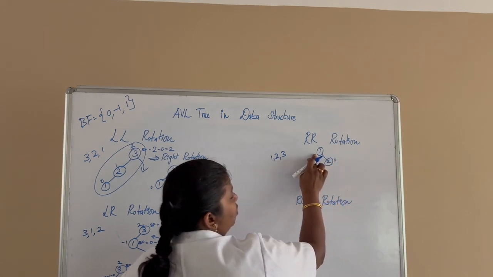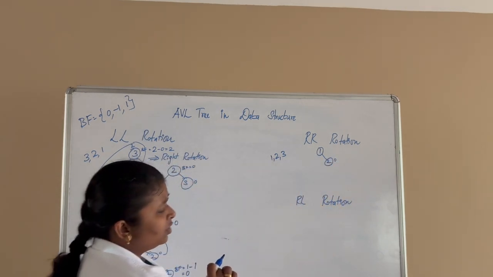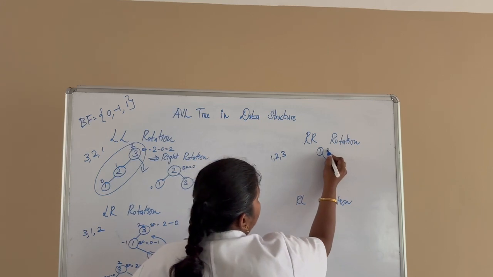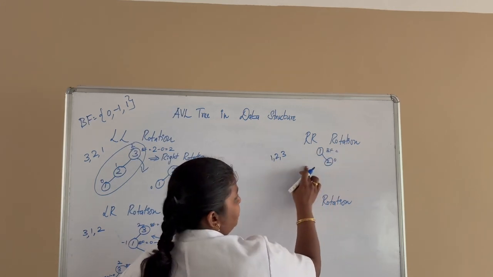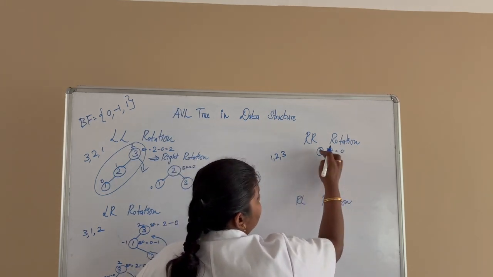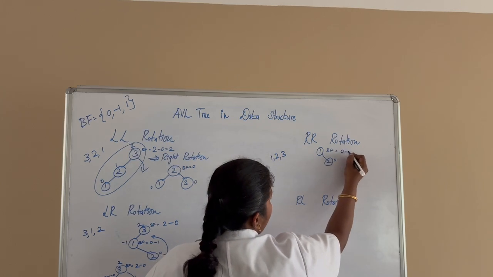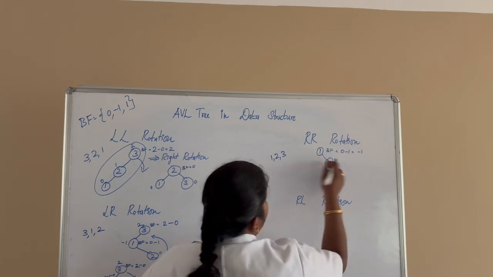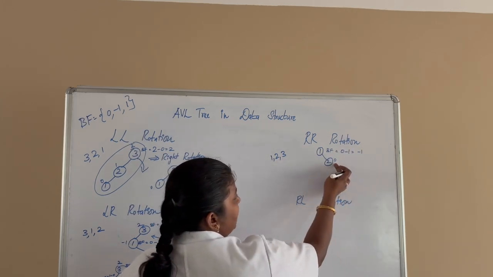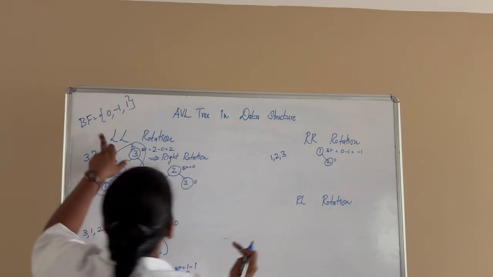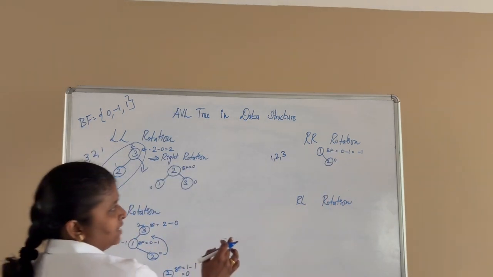For the root node 1, you have to check the balance factor. There is no left subtree, 0, and there is only one right subtree, so -1. So 0 and -1 are within the range of the balance factor. It is balanced.